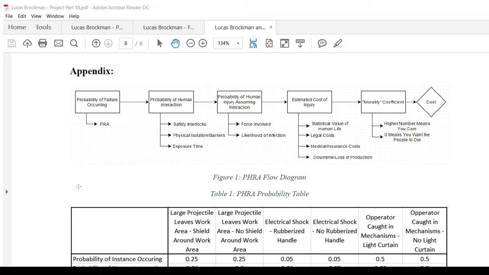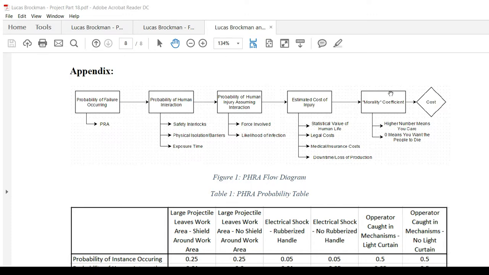So this would take into account any safety interlocks that you have to put in, physical barriers, exposure time to the failure, things of that nature. And then the product of those two get multiplied by the probability of human injury, assuming the interaction took place. So it would be force involved, the likelihood of infection, things like that.